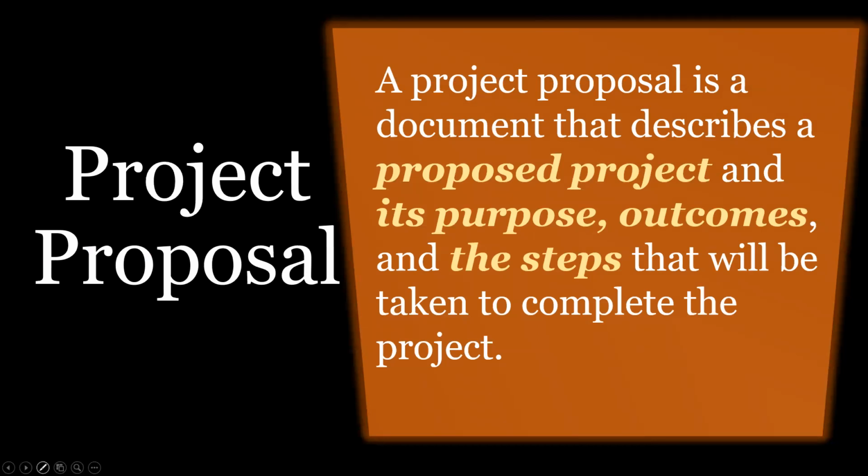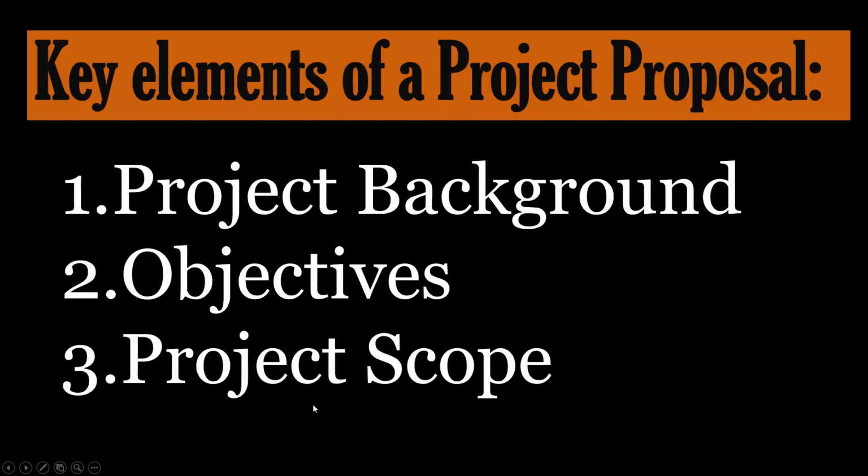While the actual elements of the project proposal differ depending on the project itself, there are several key elements, including project background, objectives, and project scope. Whatever kind of project you have, these are the elements that should be seen in your proposal. Project background: these are the problems, the challenges, or the opportunities that exist, and that's the reason why you come up with this project.